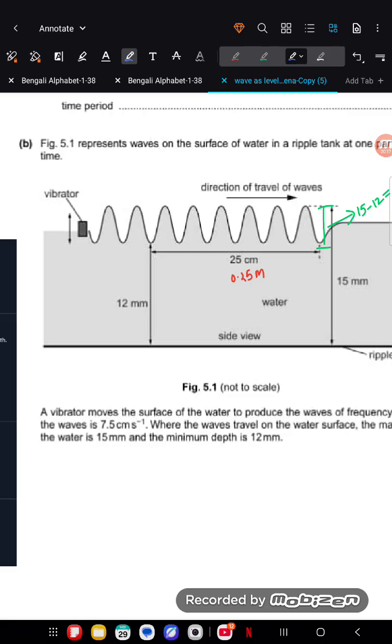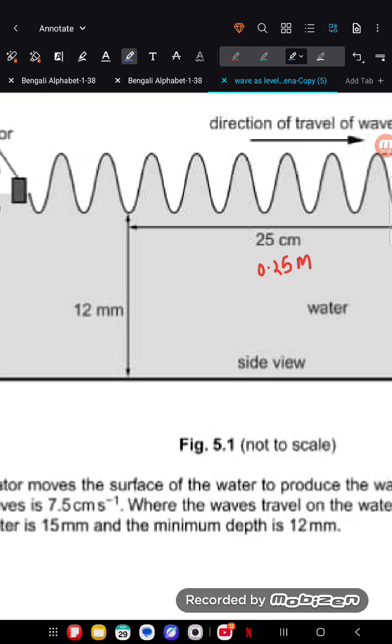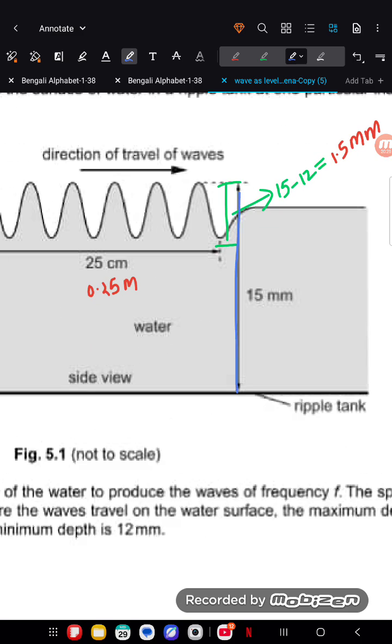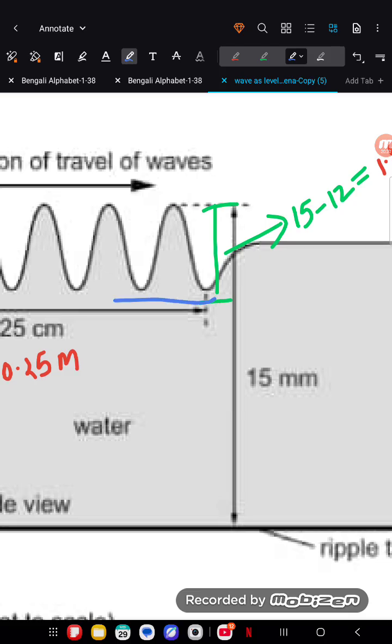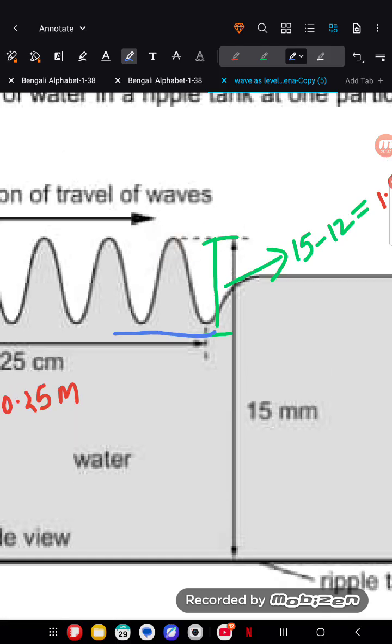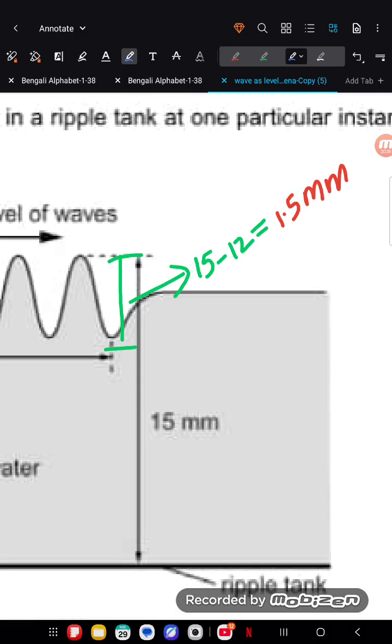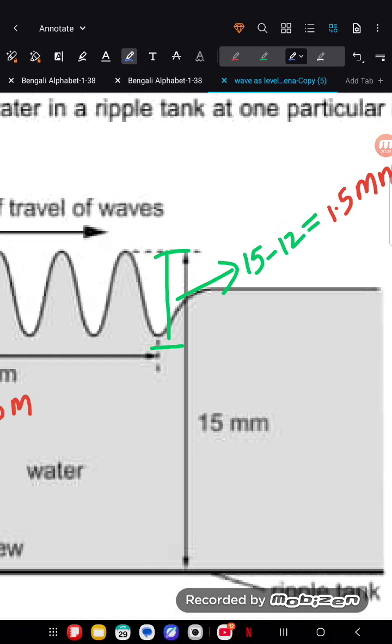Here they have given you this depth is 12 millimeter, and this full is 15 millimeter. So obviously they will ask to find how much distance this is. This is very easy. 15 minus 12 is this much, 1.33. So this much is how much?